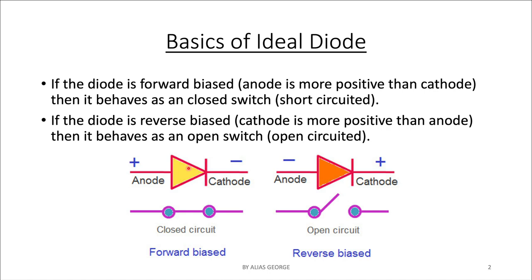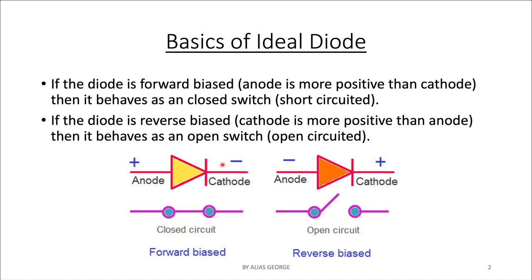If the anode is more positive than the cathode, then we can say that the diode is forward biased. If it is ideal, we can just say it is short circuited. If the anode is less positive than the cathode, the diode is reverse biased, or we can say it is an open circuit. So it just behaves as a switch.